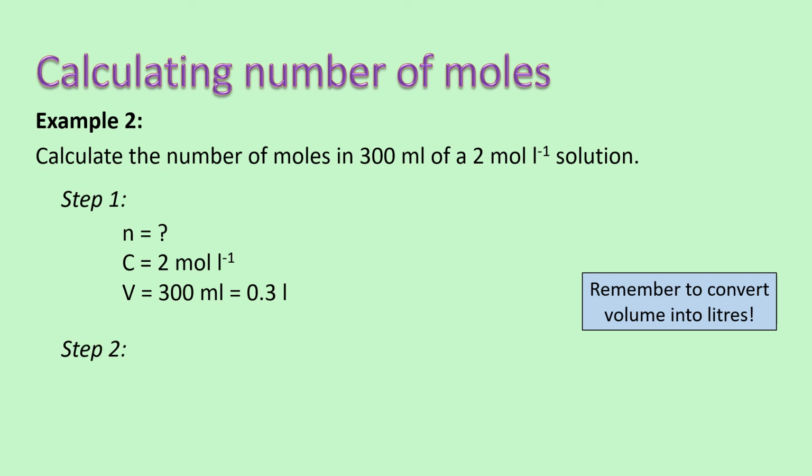Step 2 is to calculate what we want to know. We use the relationship n equals cV again. n equals 2 times 0.3, so our number of moles is 0.6. And again, if you just pause here and copy this example into your jotter as well.